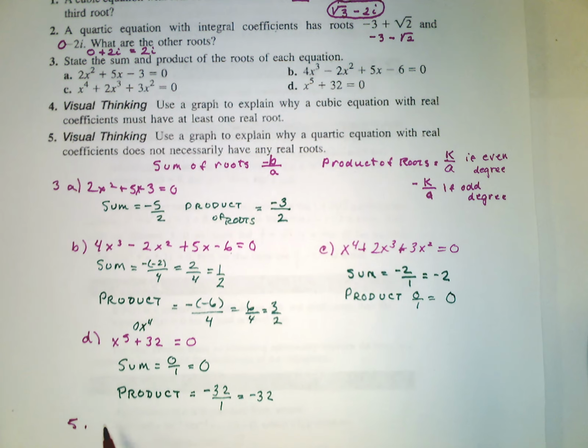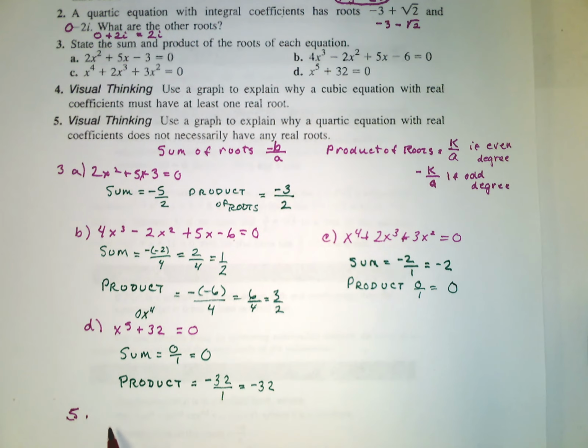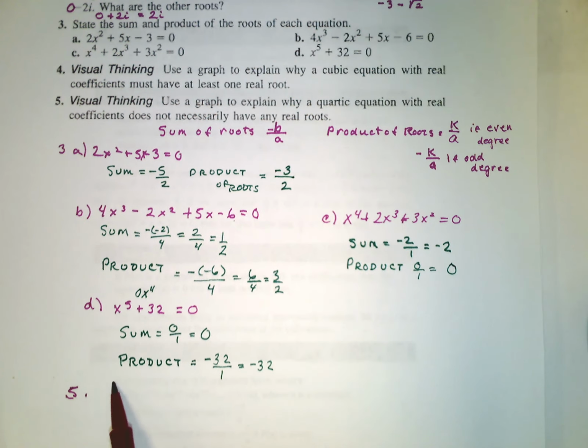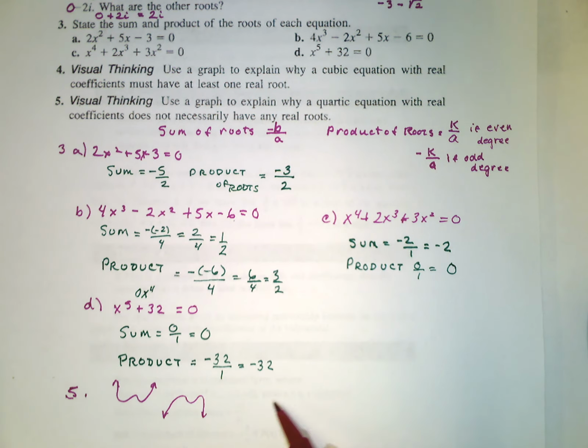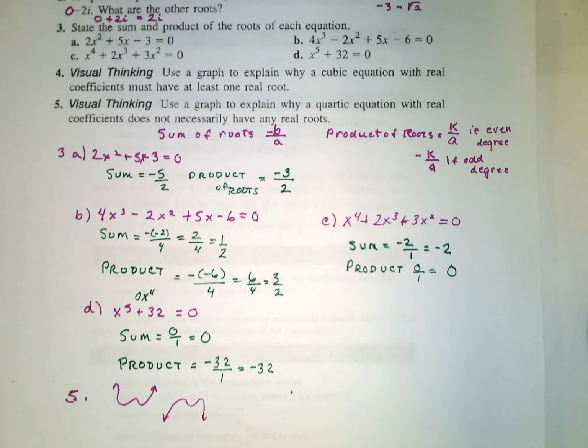Quartic equation. What does the graph of a quartic equation look like? Or what can it look like? Maybe this W shape? Or if it was a negative, kind of like an M shape? They're saying that it doesn't necessarily have to have any real roots.